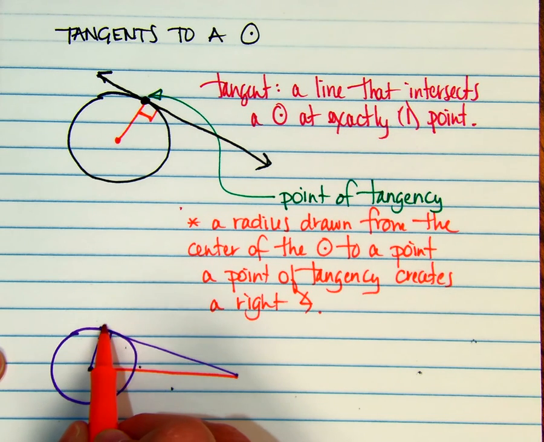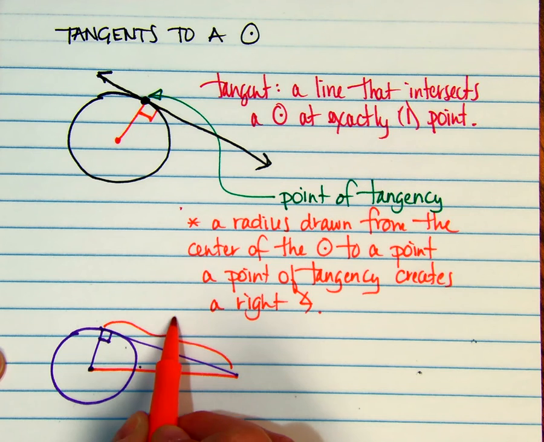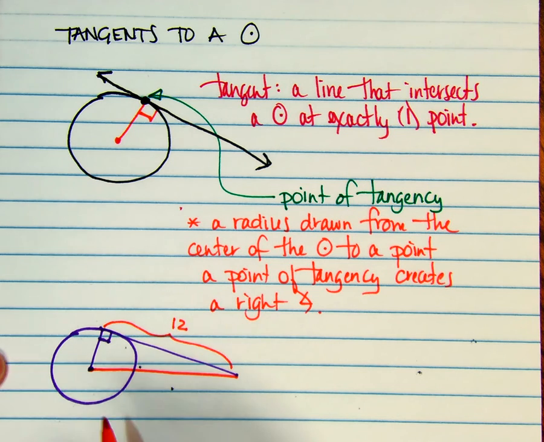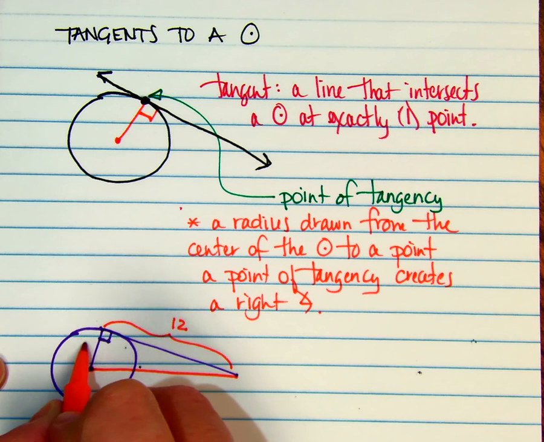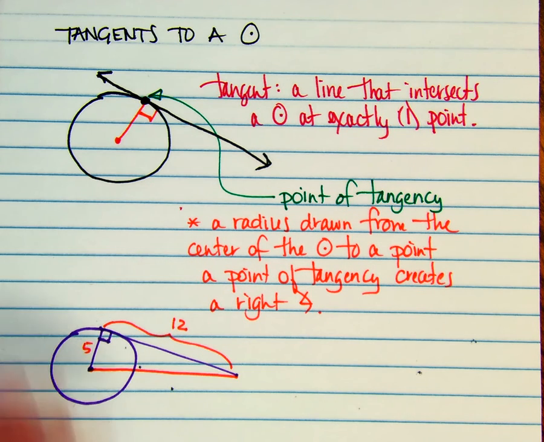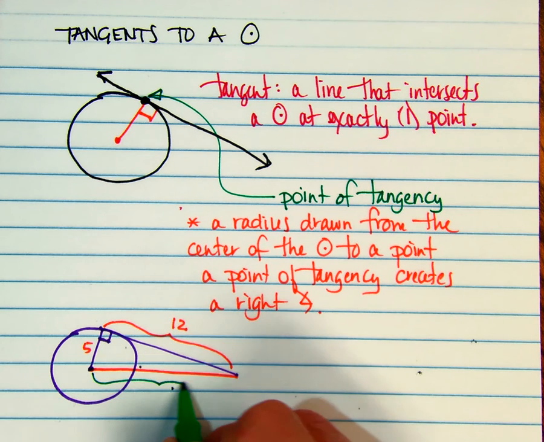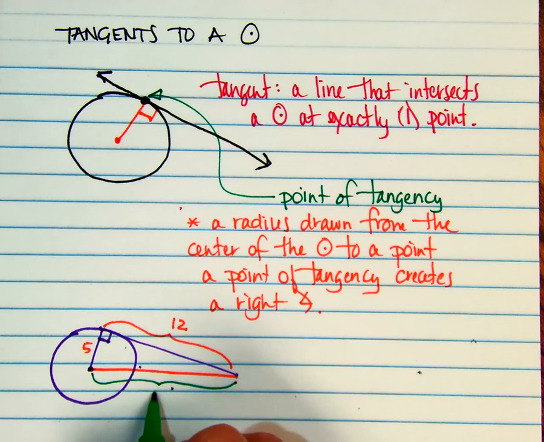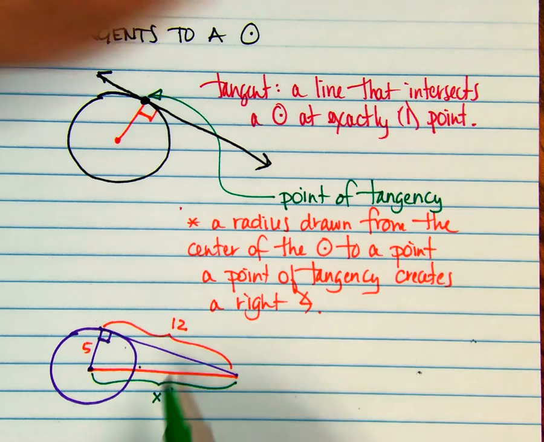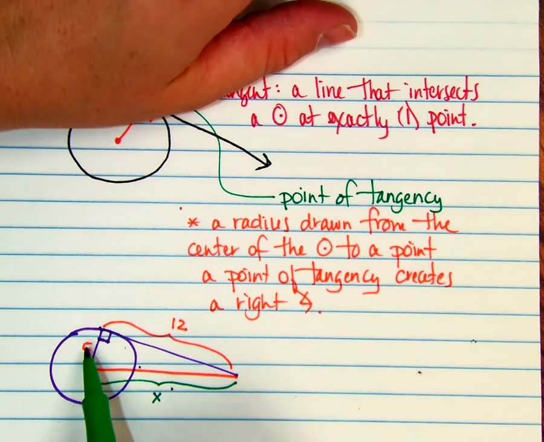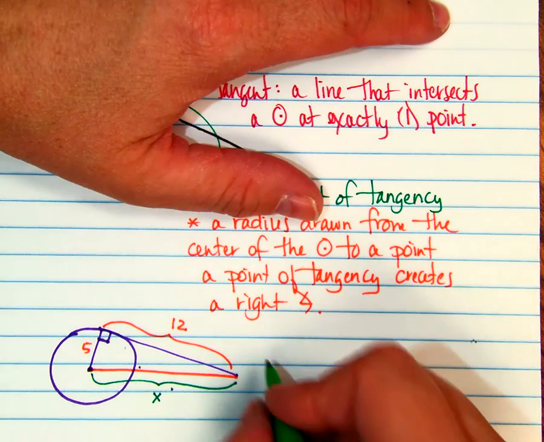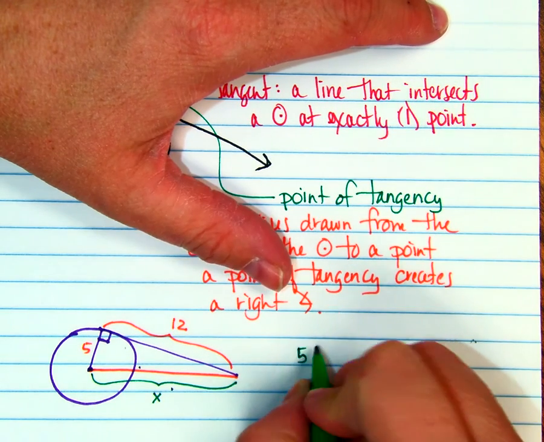So let's say that this whole piece is 12 and the radius is 5. Then how long is that? We're going to label that as x. Okay, so how long is that? Because you have a right triangle, you have 2 of the 3 sides. It goes right back to the Pythagorean theorem.